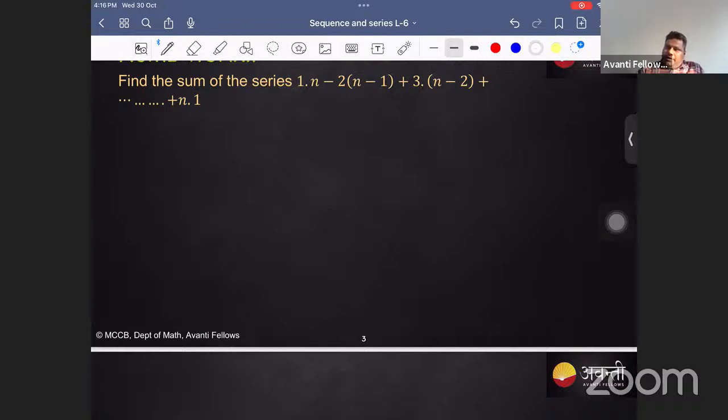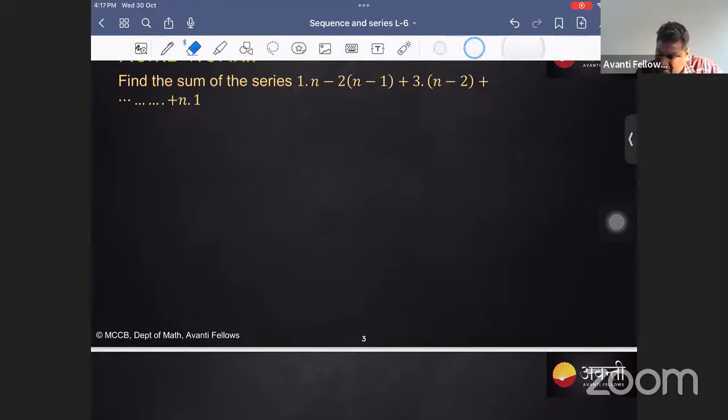Now see, how do I do it? This is 1 into n minus 2 into n plus 3 into n minus 4 into n and so on up to n terms.